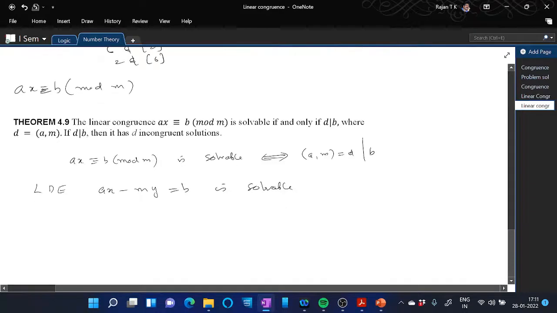And we know under what condition a linear Diophantine equation in the form Ax minus My equal to B is solvable: if the GCD of A and M divides B. So we have the condition that the linear congruence Ax congruent to B modulo M is solvable if D divides B, where D is the GCD of A and M.